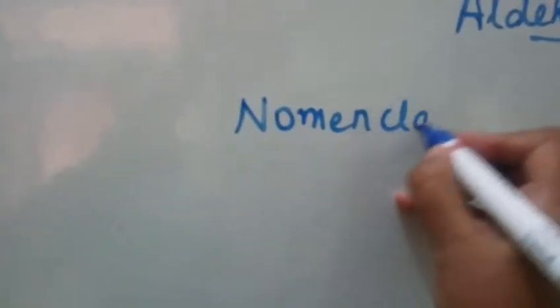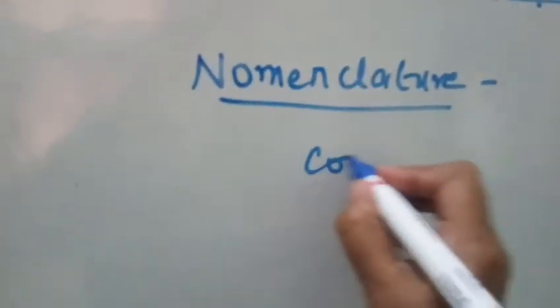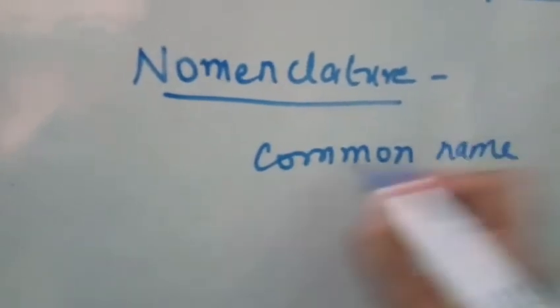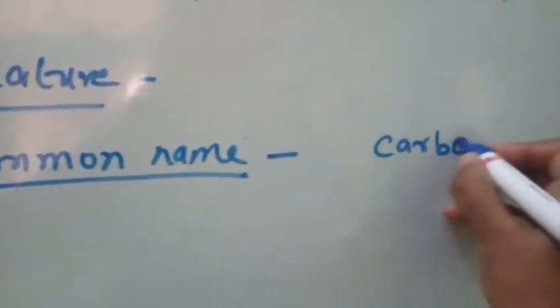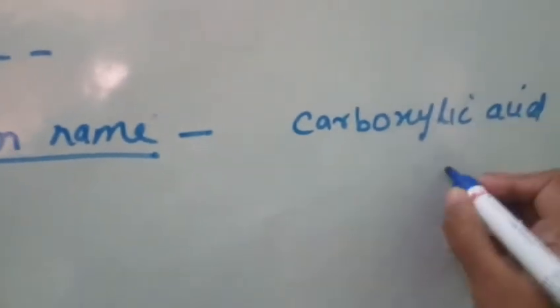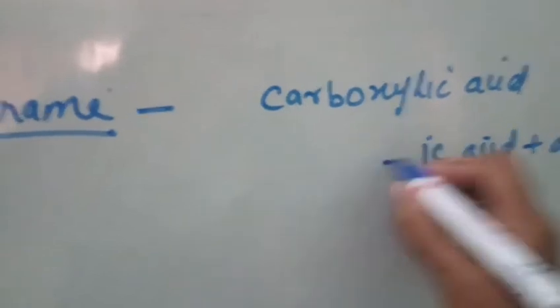When we study aldehydes and ketones, first we will study the nomenclature. In nomenclature, there are two types of names, the common name and the IUPAC name. The common names of aldehydes are derived from the carboxylic acid. From the name of the parent carboxylic acid, you remove the ic acid and add aldehyde.